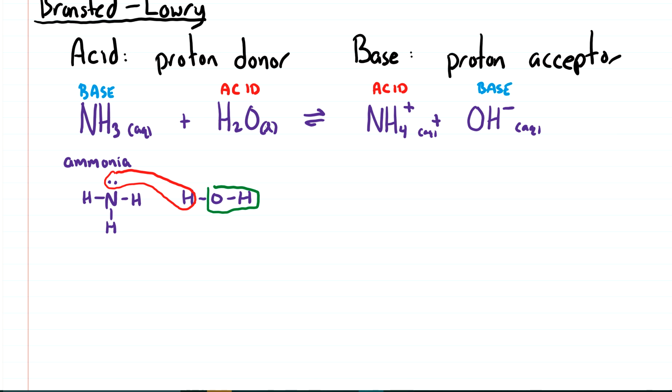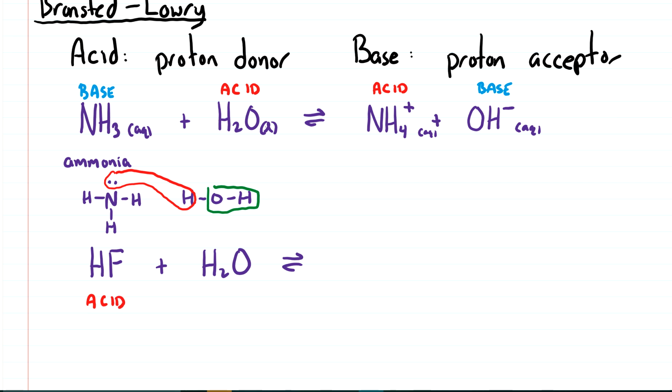So that's that. Now let's take a look at a different reaction, just to use this concept. We'll write out a pretty obvious acid, something like HF, hydrofluoric acid, plus water, forming into. In this situation, obviously hydrofluoric acid is going to be the acid.